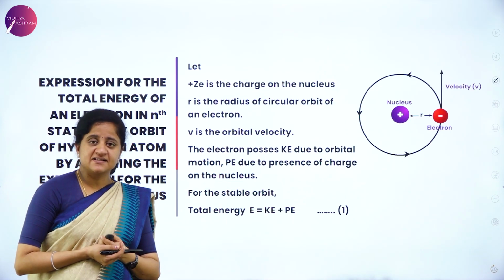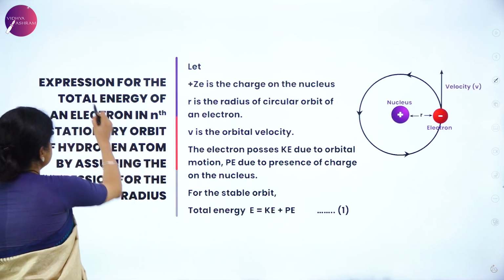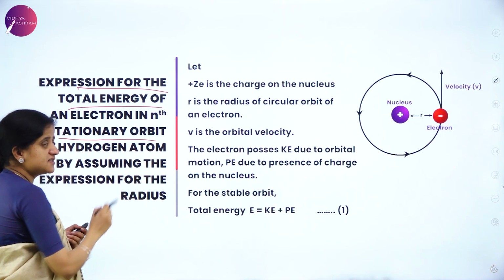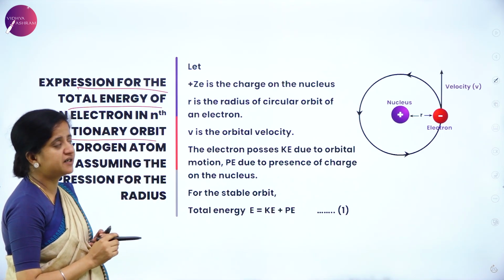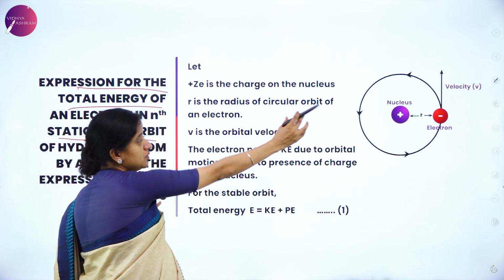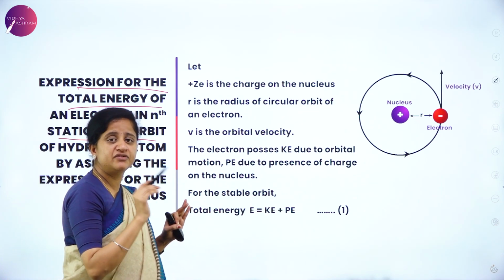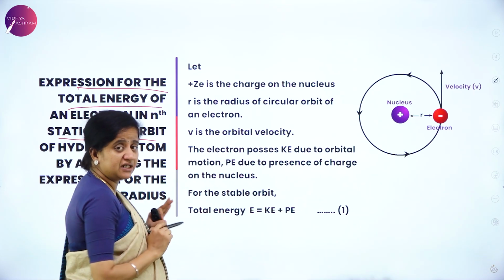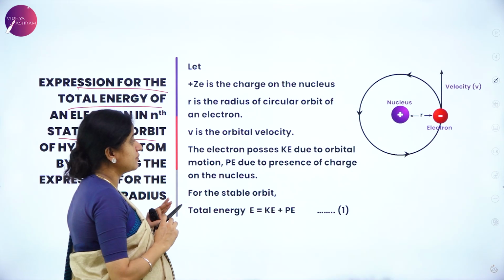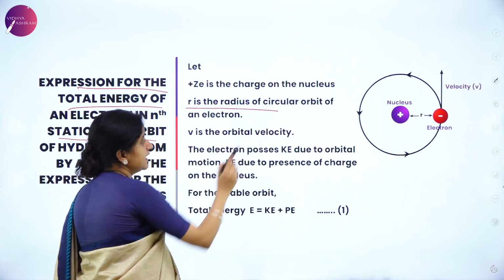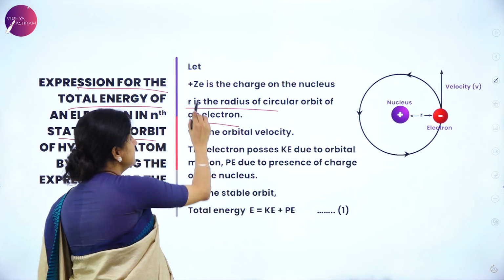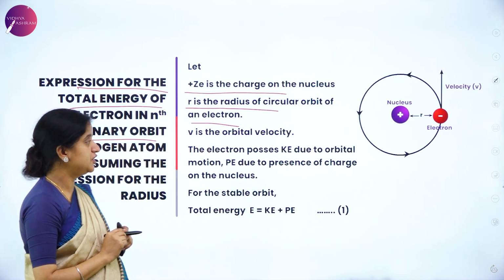Now let us discuss another important derivation, that is an expression for the total energy of an electron in the nth stationary orbit of a hydrogen atom with the help of Bohr's postulate. For this also, let us consider a nucleus present at the center of the atom, and an electron revolving in its own orbit with a certain velocity called the orbital velocity. r is the radius of the circular orbit of the electron, and +Ze is the charge on the nucleus.